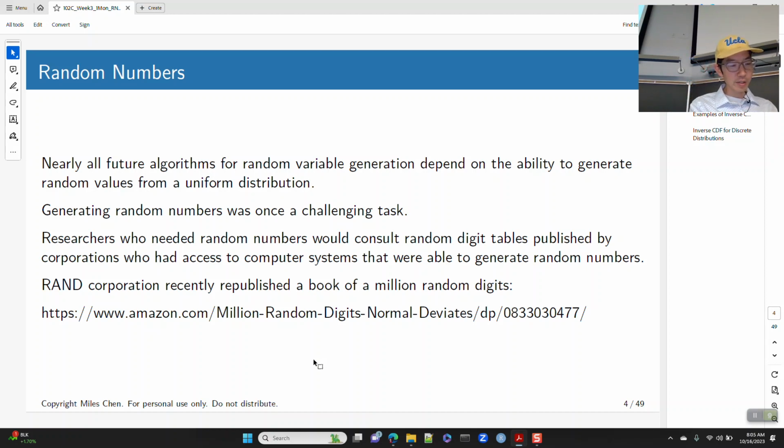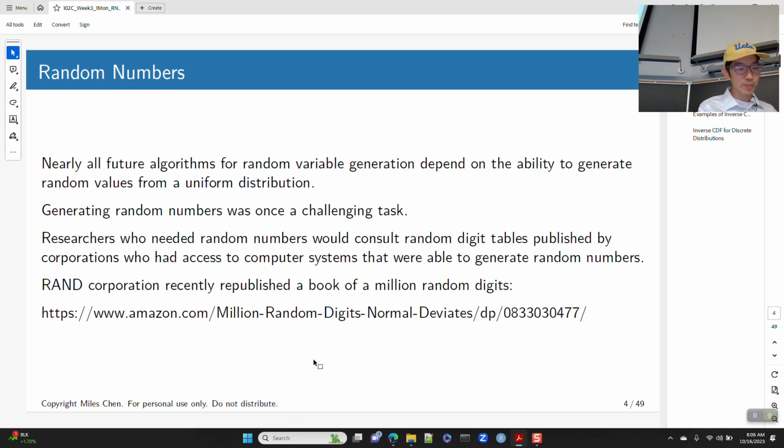Now, if you took a Monte Carlo class, this used to be a topic where you would spend a couple of weeks on just generating random uniform numbers. It wasn't a trivial thing. It was tough.